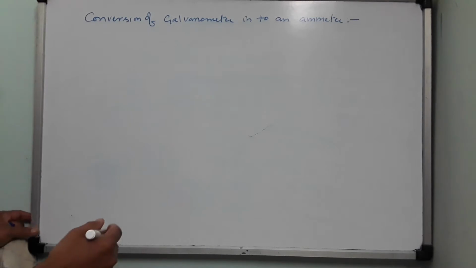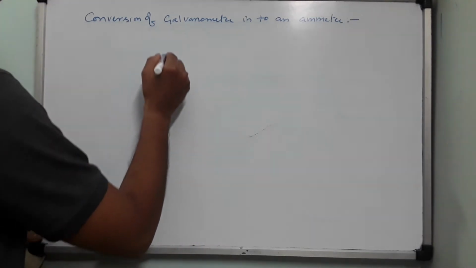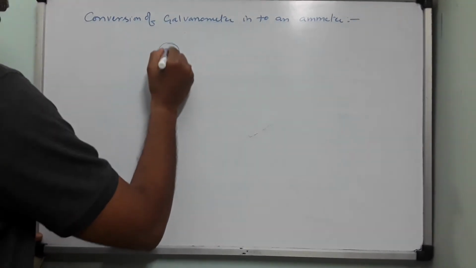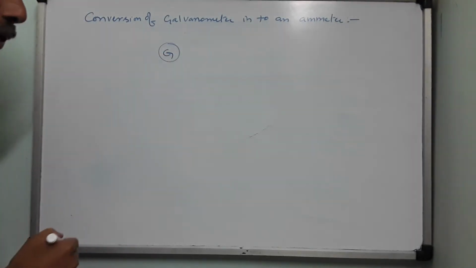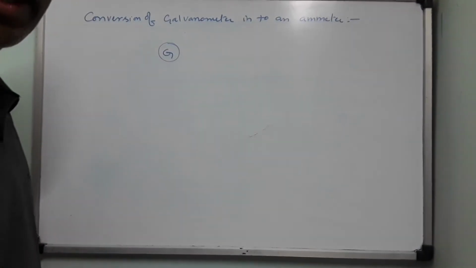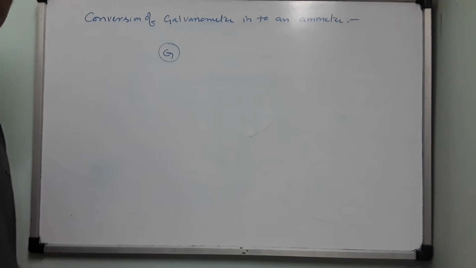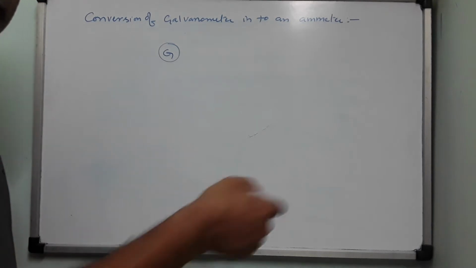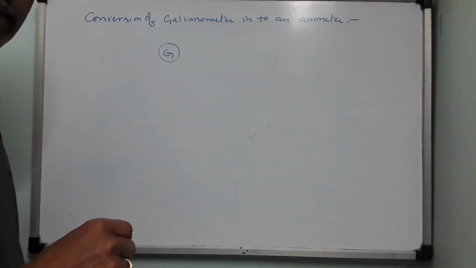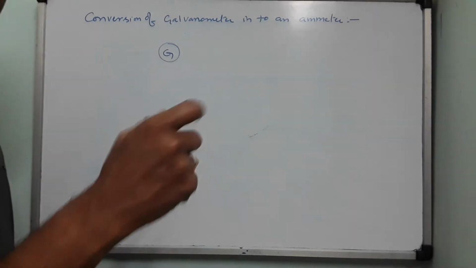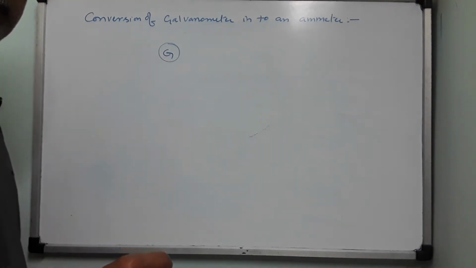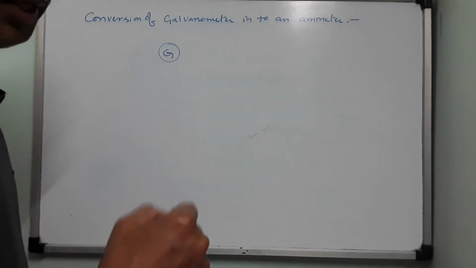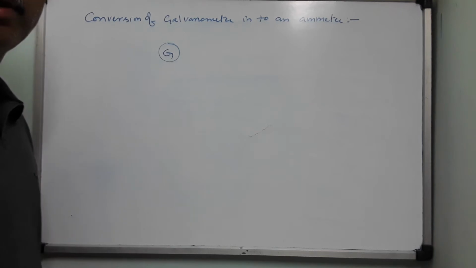Now you see, this is your galvanometer. You have seen how the galvanometer is constructed in the animation video, and in today's video you have seen the real parts of this moving coil galvanometer. The heart of the moving coil galvanometer is its coil.